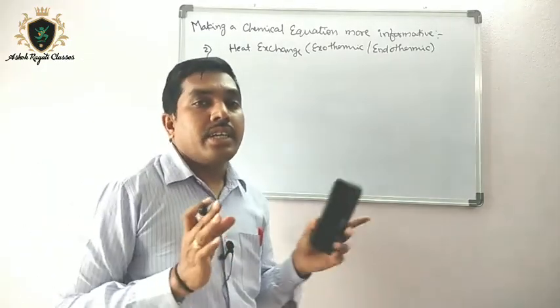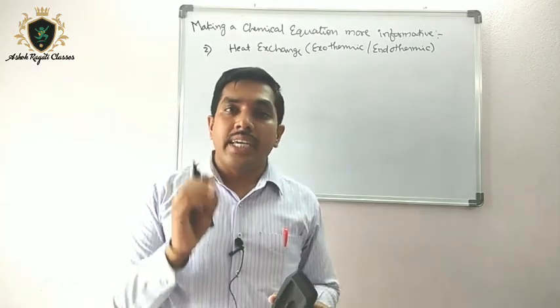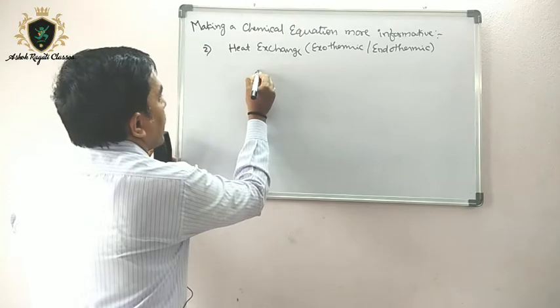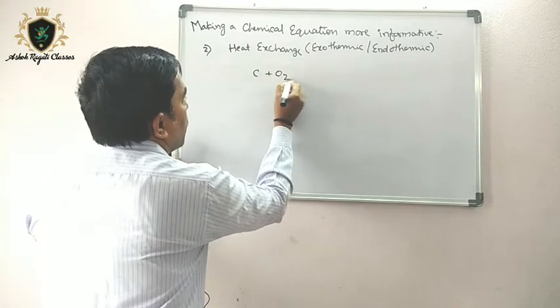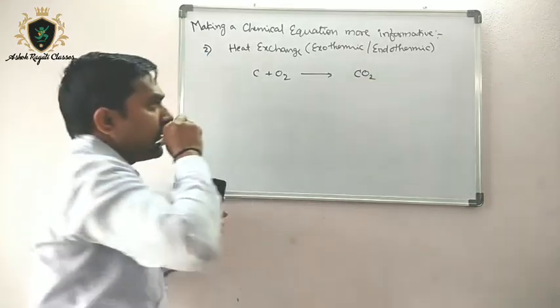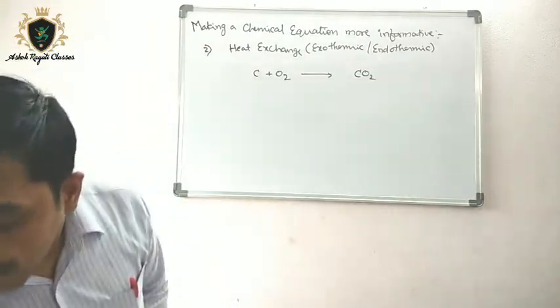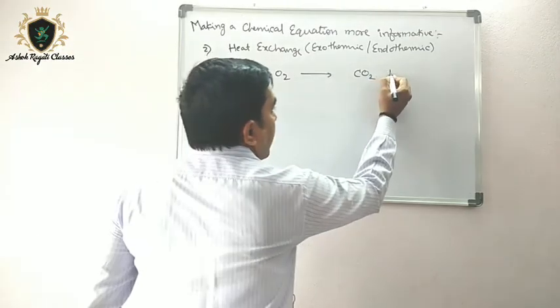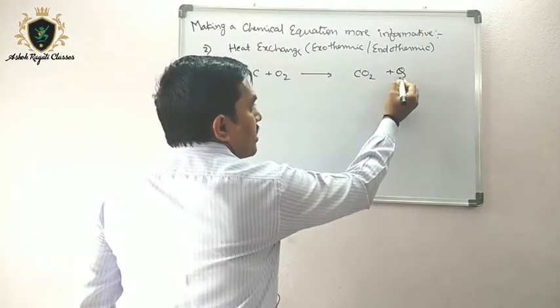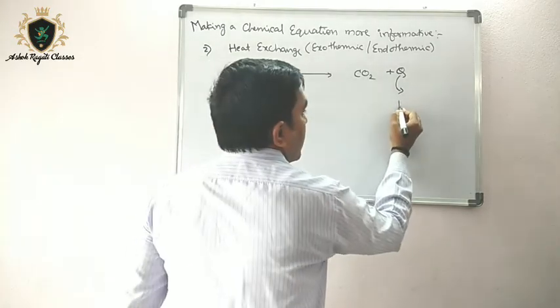Any heat exchange taking place during the chemical change must be clearly mentioned. For example, C plus O2 gives rise to CO2. This is a basic equation, but if you write it like this, this Q indicates the heat.